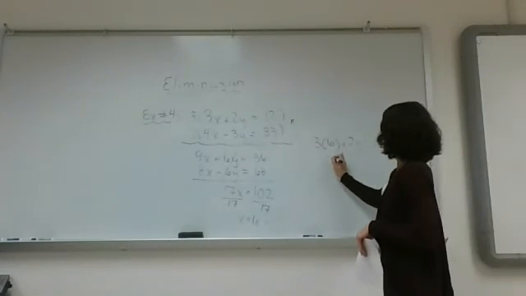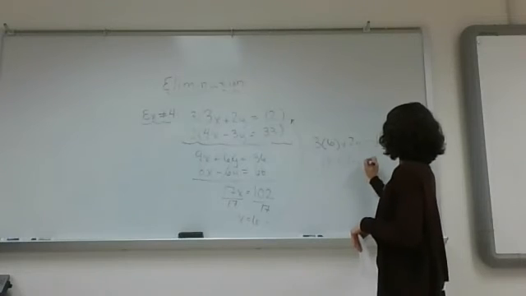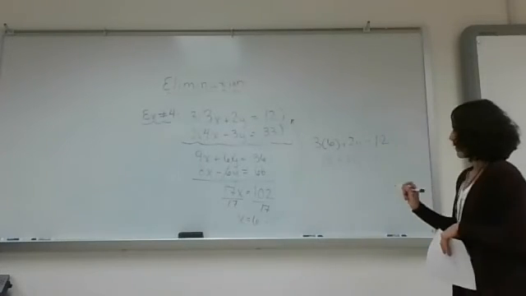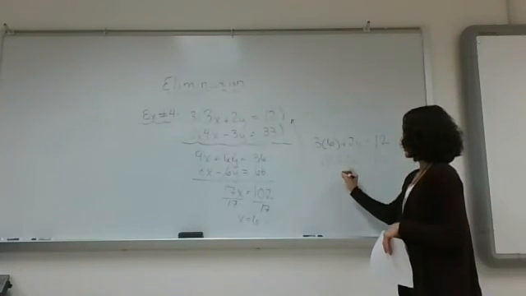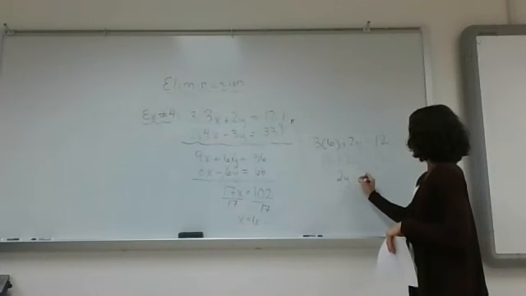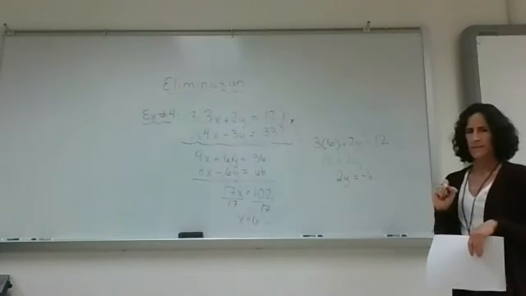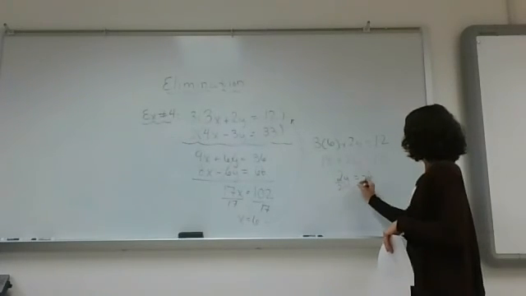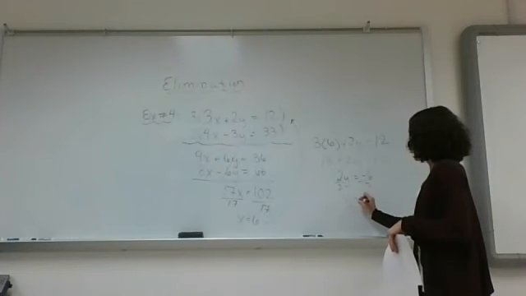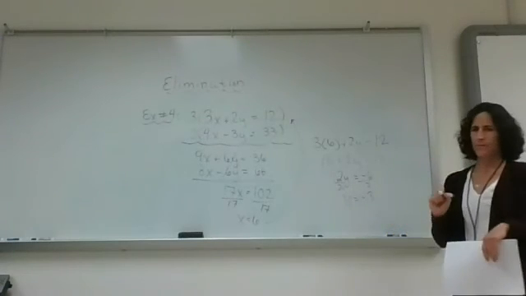I get 18 plus 2y equals 12. Subtract 18 from both sides, and I get 2y equals negative 6. Divide both sides by 2, and y equals negative 3.